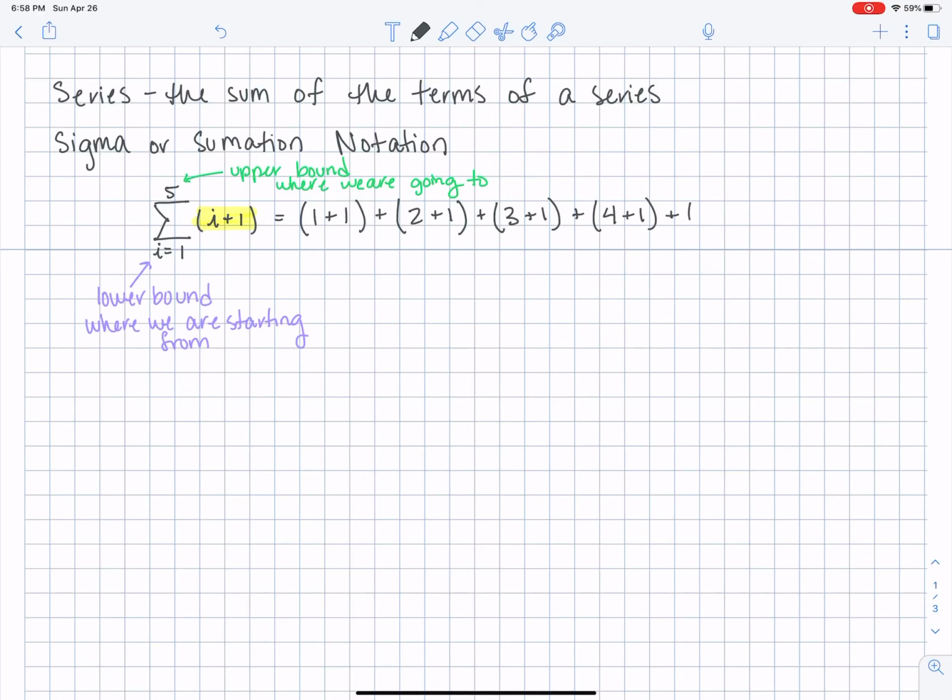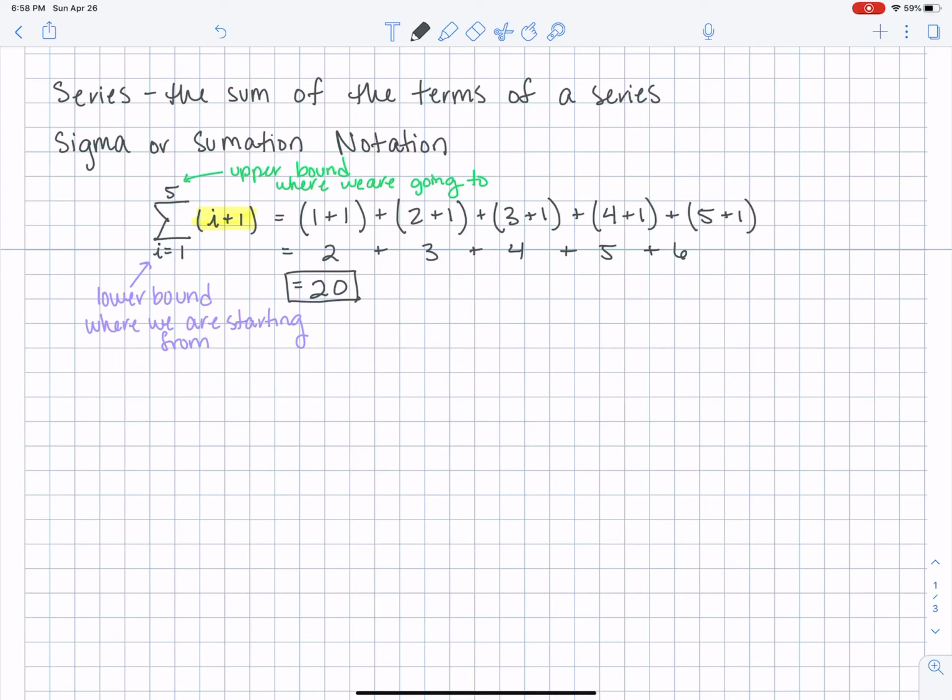And our upper bound is 5, so we go to our fifth term. Now this one's pretty simple. This is equal to 2 plus 3 plus 4 plus 5 plus 6, and when we add all of these up together, they equal 20. So the answer to this problem is 20.